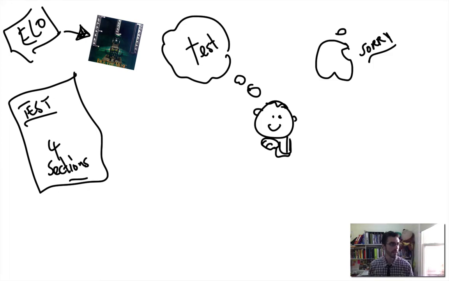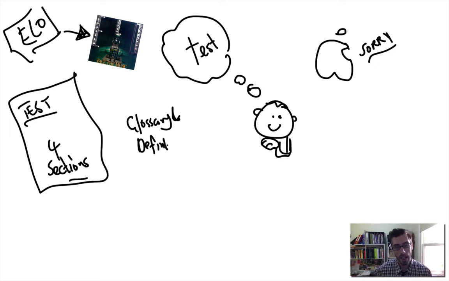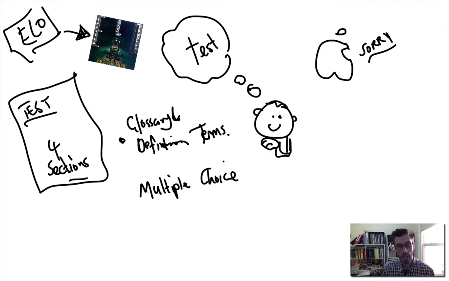Okay, so 4 sections. The first one is like glossary, and I'm just literally looking at it now. Definition, terms, that sounds exciting. Then you've got your multiple choice, which is always fun.